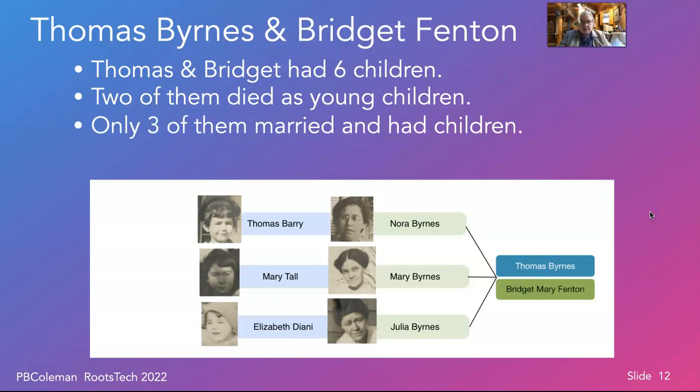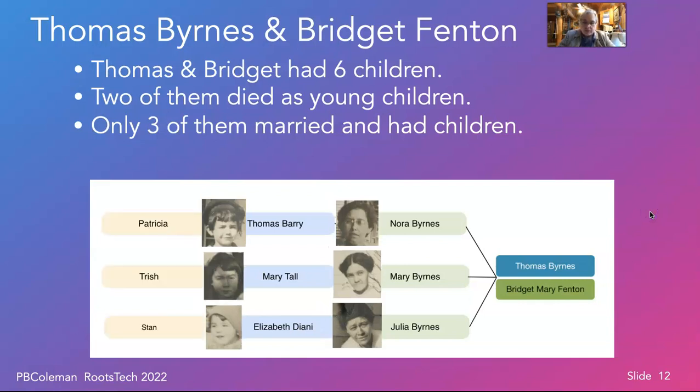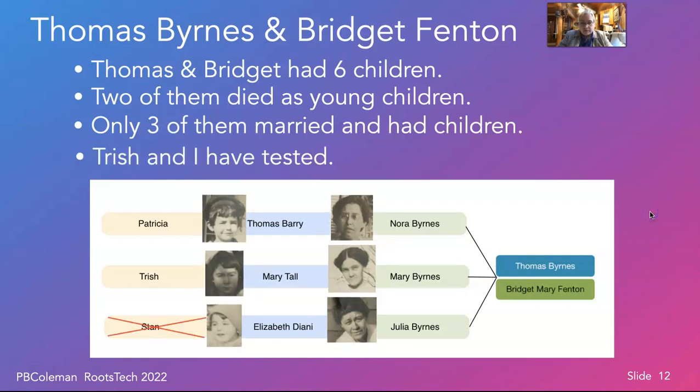My dad and his mother, my dad, and 2 of my dad's first cousins, Mary and Elizabeth. And so their children, my cousin Trish, who's allowed me to use her real name, has done a DNA test. My cousin Stan, it's not his real name, has not.